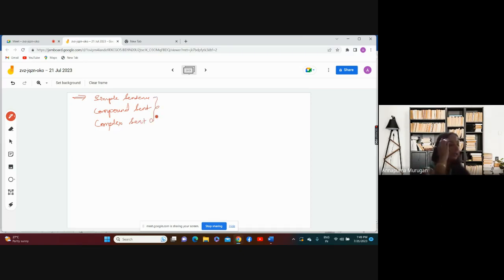I want you to work on these. Please don't rely only on simple sentences. When you use only simple sentences, we end up showing that we are not proficient in the English language.